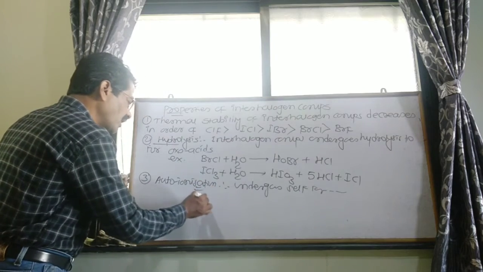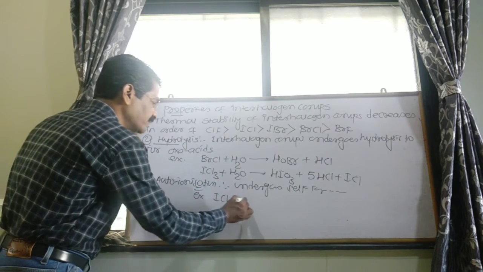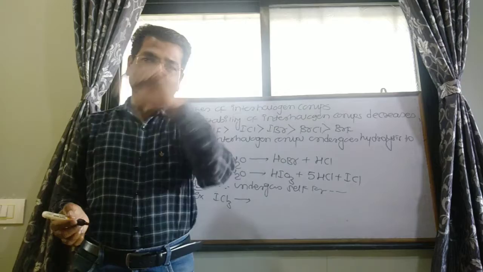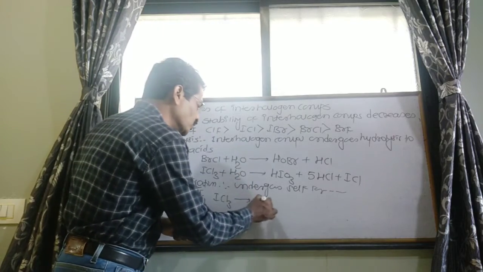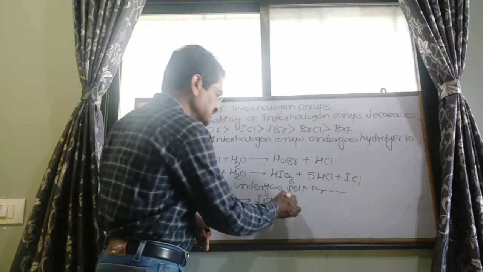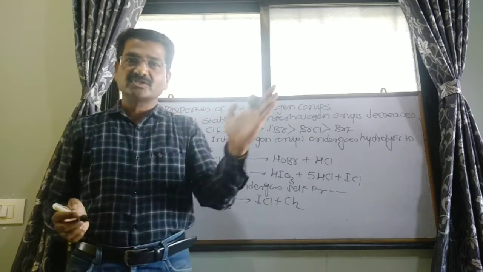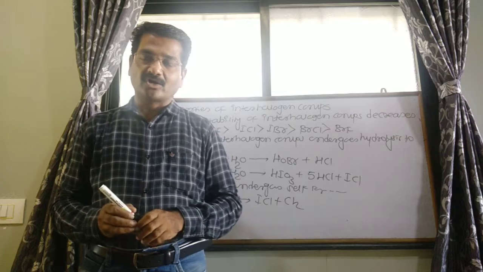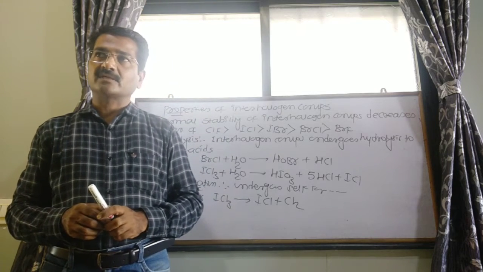For example, ICl3, iodine trichloride, breaks up into ICl2 plus Cl2, that is self-ionization or autoionization.